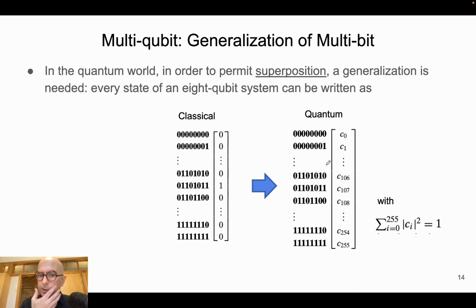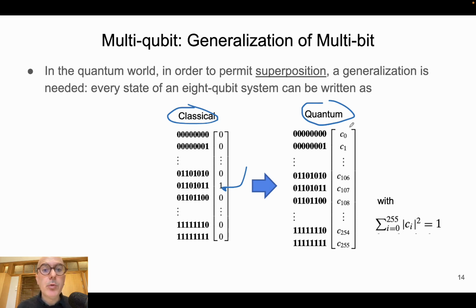Obviously, this can be generalized. We can go from a classical state, where we have a 1 in only one position of our column vector, to the case of a quantum system where we allow the system to be in a superposition of basis states, and the probability of finding the quantum byte in a certain state is represented by a complex number.